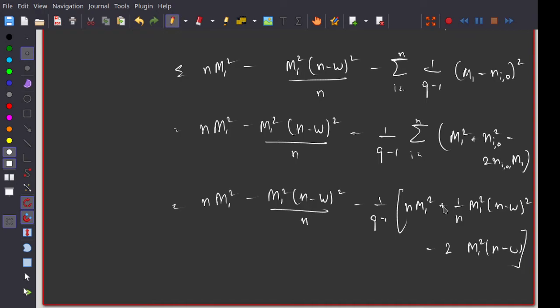So you'll get m1 into m1 minus d is less than or equal to m1 square w 2 minus q divided by Rn. Looks much simpler.